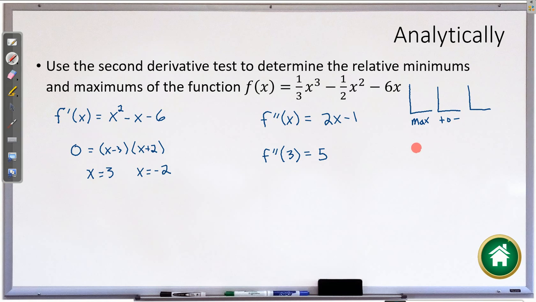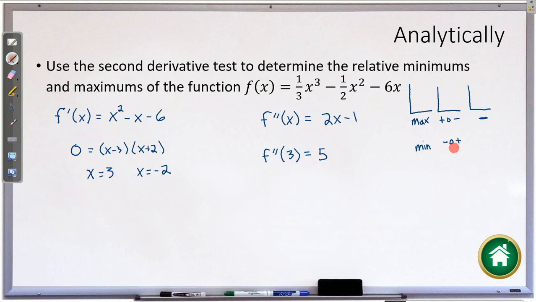And if we have a minimum, then we know the first derivative is going from negative to positive. Well, how can I interpret that slightly differently? Well, if you're going from positive to 0 to negative, that's decreasing. And if your derivative is decreasing, that means your second derivative must be negative.